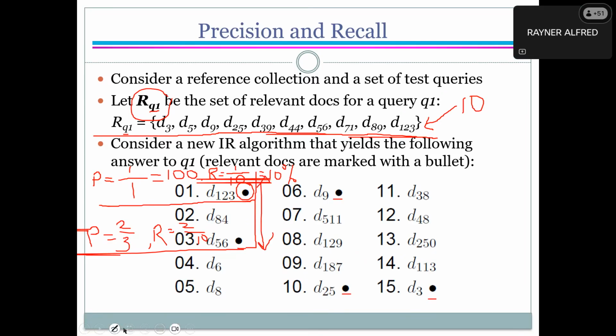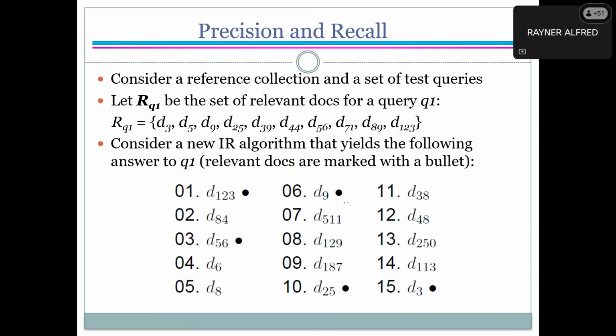Okay, let's do this one. What is P at this point? So how many documents do we have at this point? Okay, 3 over 6. Very good. 3 over 6, because we have 6 documents, right? This is in this order.